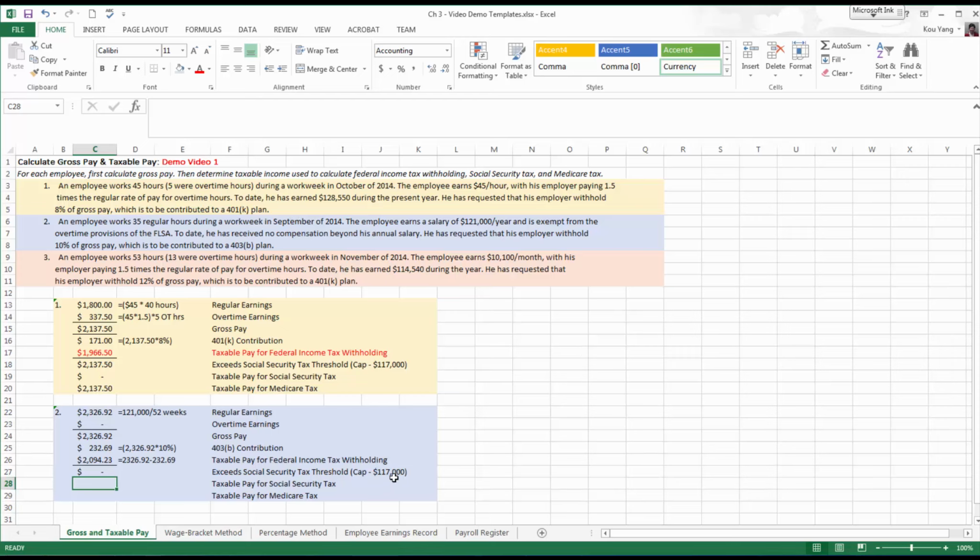The way I look at it, he won't be reaching the max of $117,000 until at least the end of October or even into November. So the taxable pay for Social Security would be the entire $2,326.92, and the same for Medicare, because Medicare has no cap.